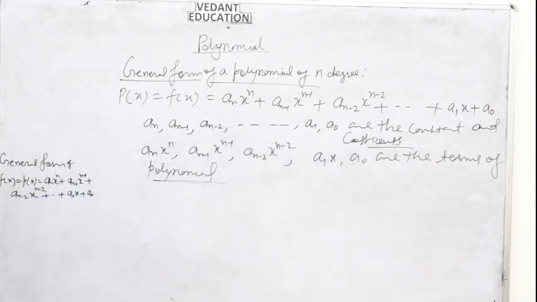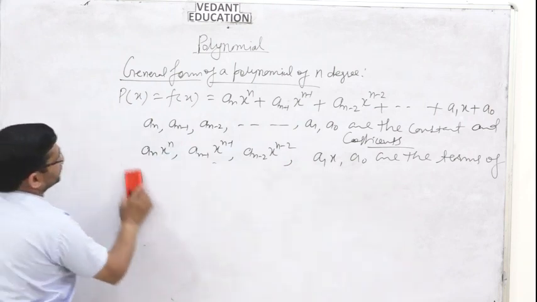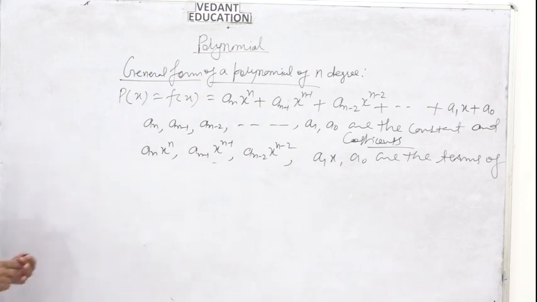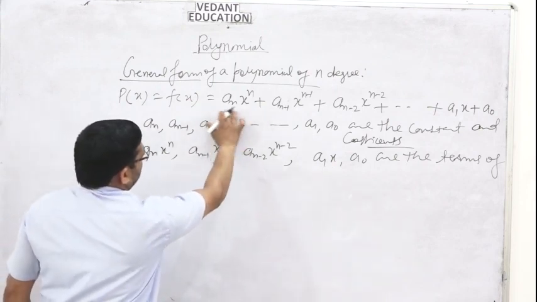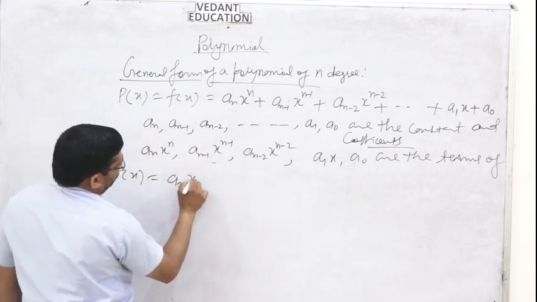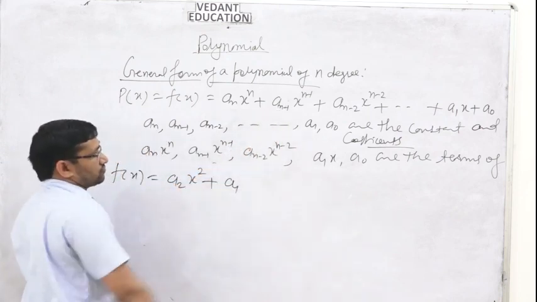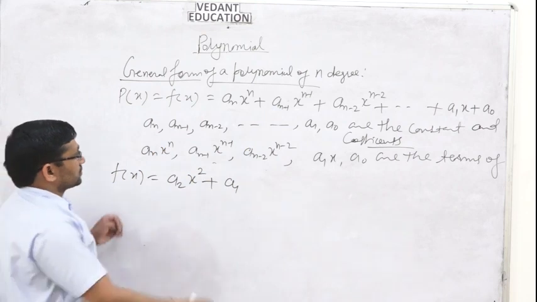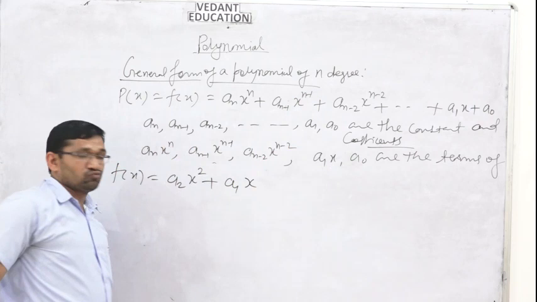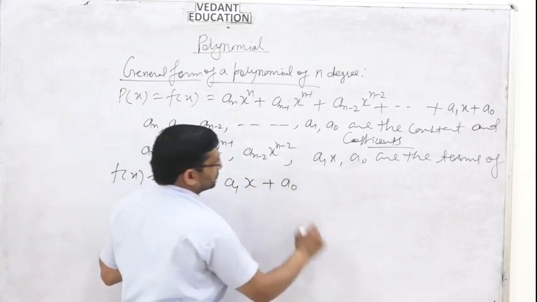Suppose we write an example of a polynomial which has degree 2. Degree is 2, so we put n is equal to 2. So fx is equal to a2x square plus a1x, because n minus 1 is 2 minus 1, that is 1, plus a0.